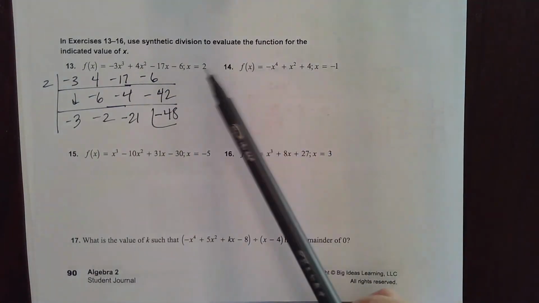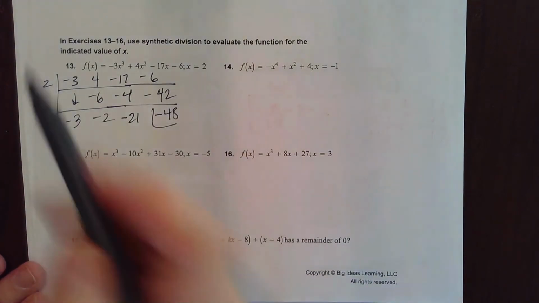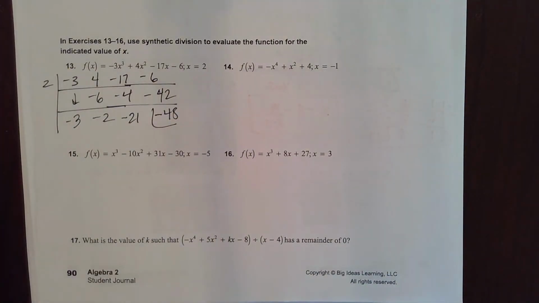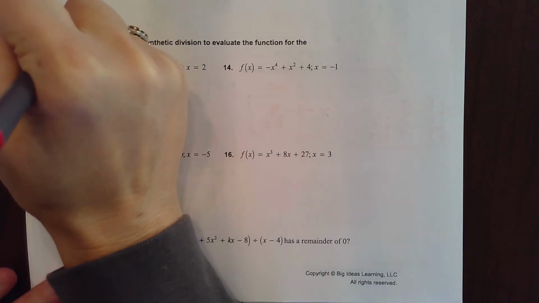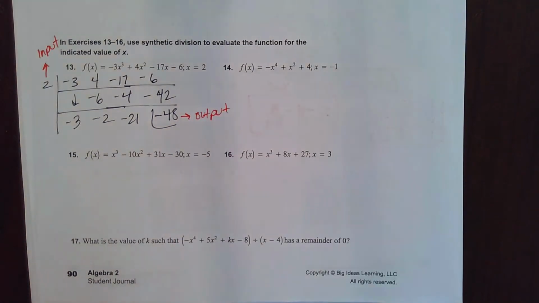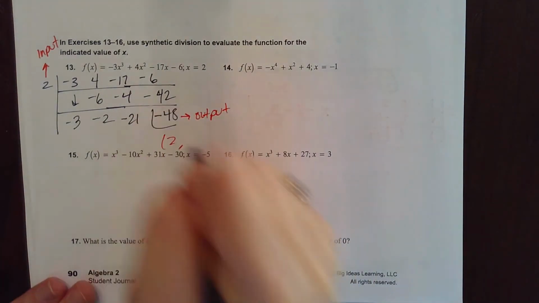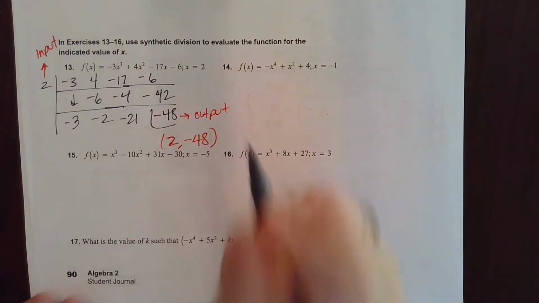When you're using synthetic division to evaluate, your remainder is your output. Think of it like plugging in x: this is your input, and this is your output. So when x equals 2, my output is -48.